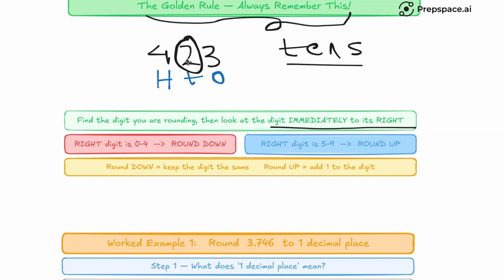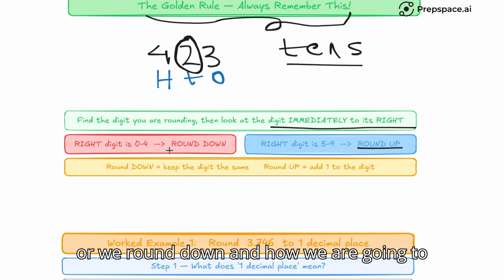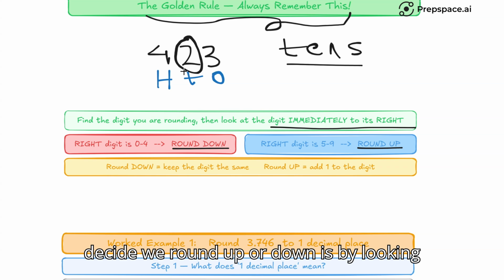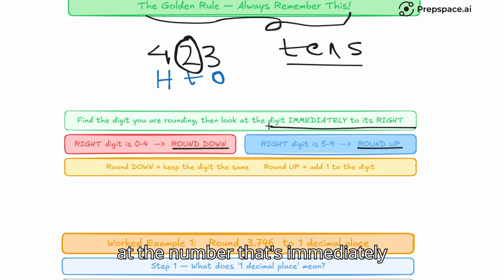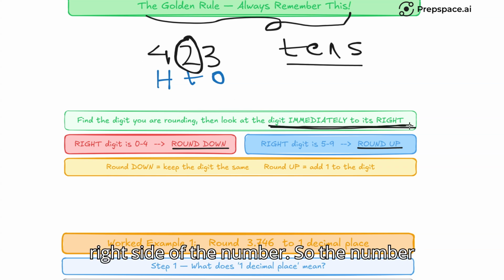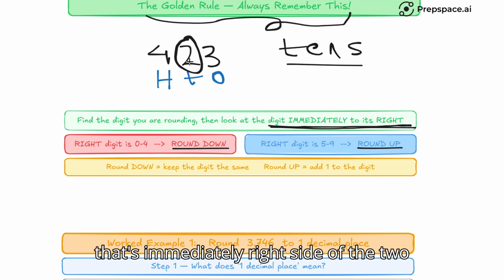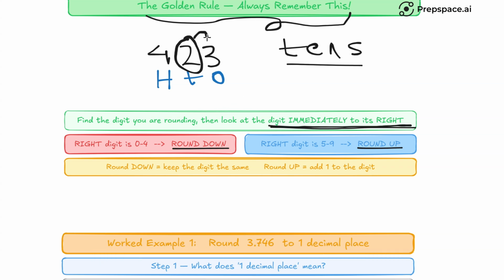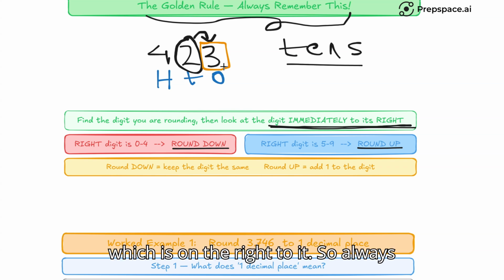And now in rounding, we either round up or we round down. How we decide whether to round up or down is by looking at the number that's immediately to the right of the digit. So the number immediately to the right of the 2 is 3. So we round the number 2 with the help of the number 3, which is on the right of it.